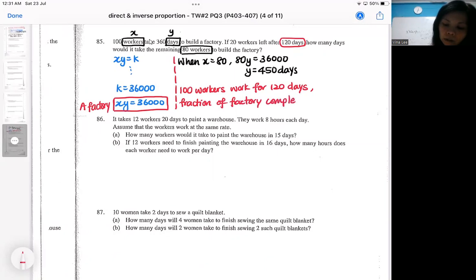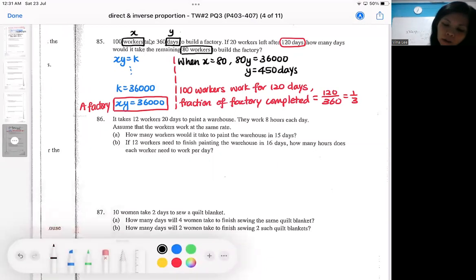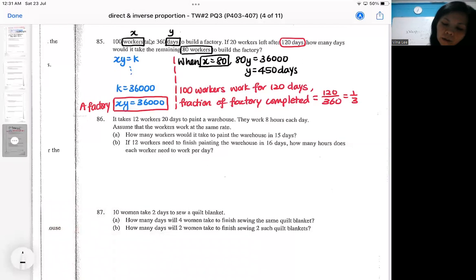Correct or not? Think about it. They must have done something about the factory in these 120 days. So what is the fraction? The fraction is 1/3. So 1/3 of the factory has already been completed. Even though I'm left with 80 workers, and they are supposed to take 450 days for a full factory, right now they don't have a full factory to work on.